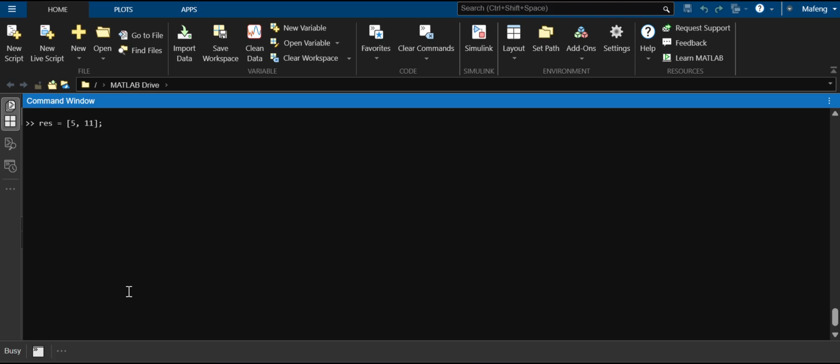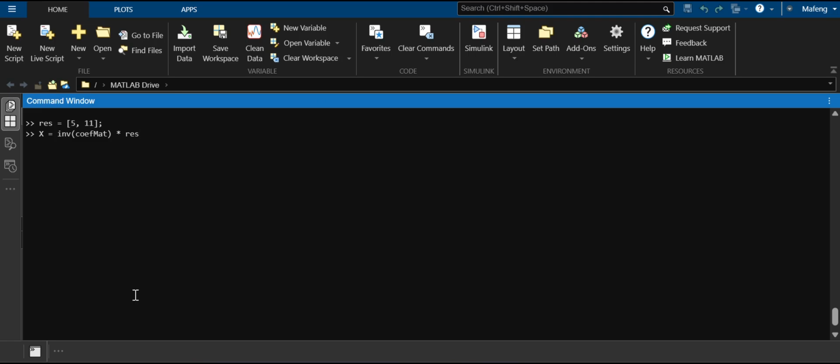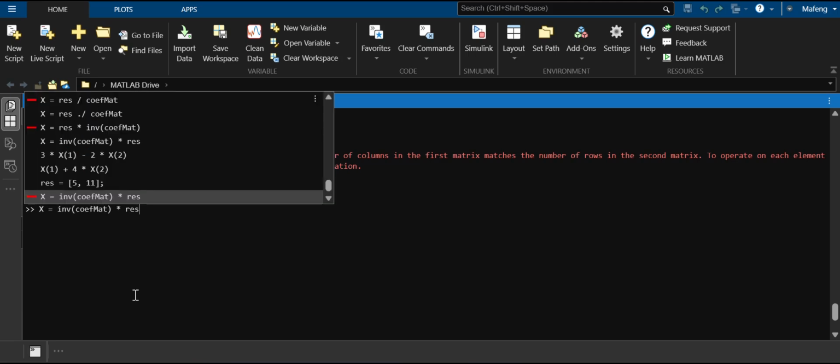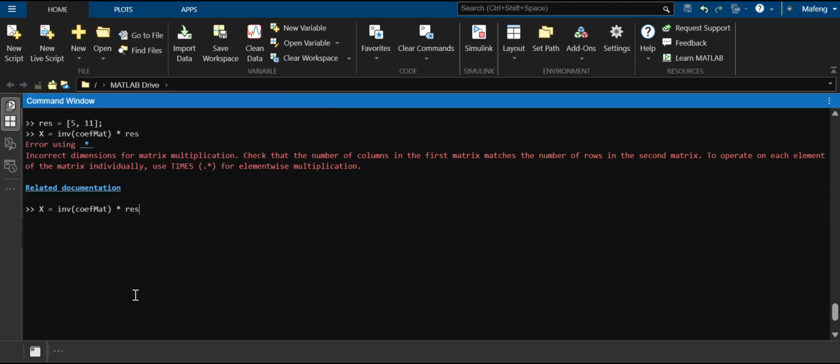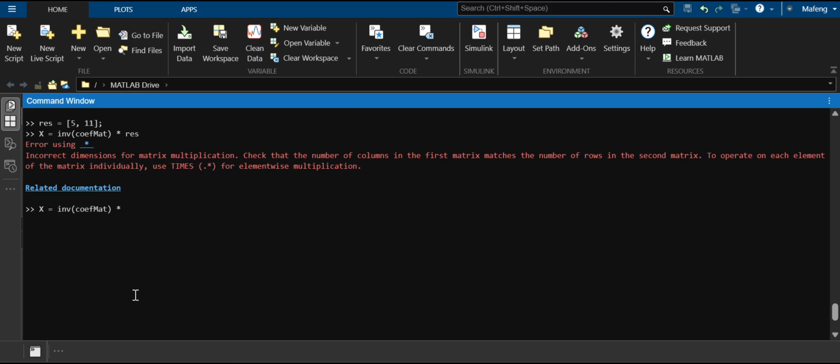Right, so x will be the inverse of the coefficient matrix times res. Dimensions incorrect. Okay, sorry, res should be a column vector. Then we run this again, and this now gives me x and y as 3 and 2.